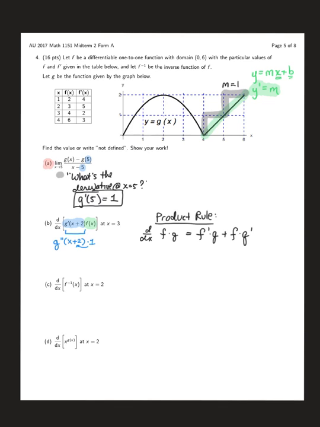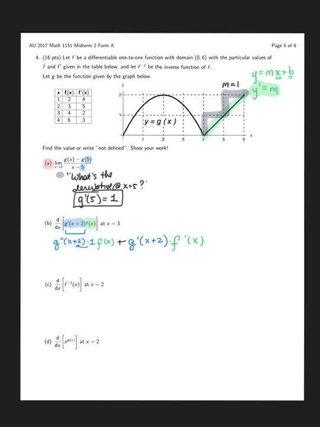And then we're still going to multiply that by the other function left alone, which is f of x, just stays f of x. And we're going to add to this the first function left alone, so g prime of x plus 2, times the second function's derivative, which would be f prime of x.